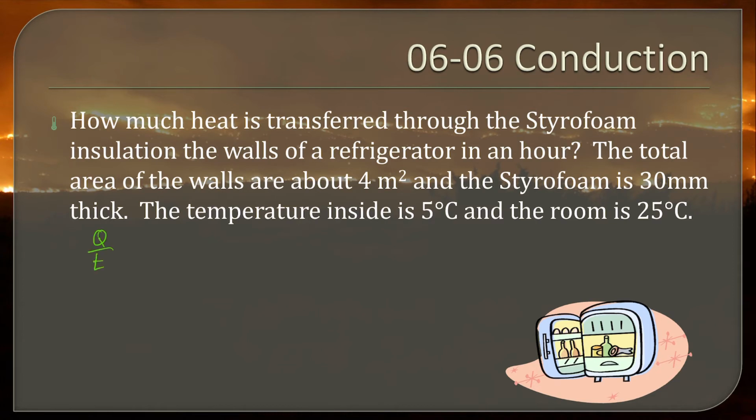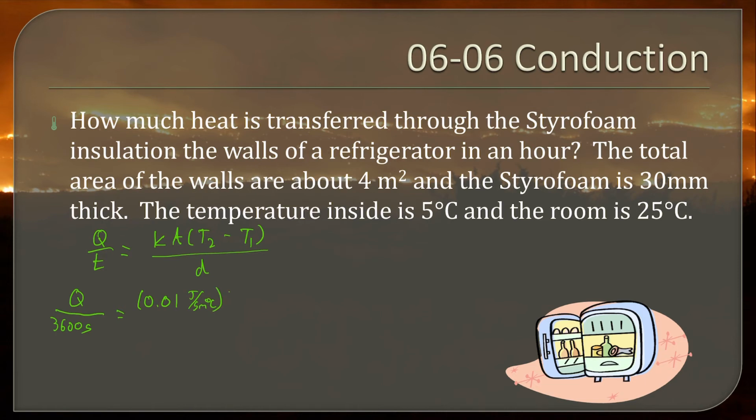Well, Q over T is K A (T2 minus T1) over D. We're looking for Q, and it's in an hour, so our time is 3,600 seconds, which is 1 hour. It's Styrofoam, so the K is 0.01 joules per second meter degrees Celsius.